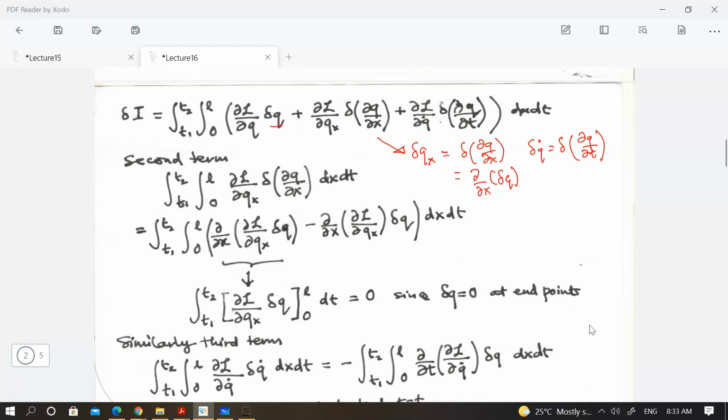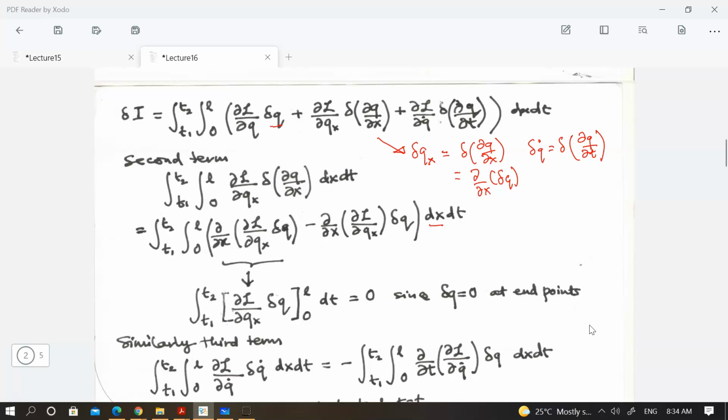When you integrate this with respect to x, this is now a derivative of x. So we'll just be evaluating this quantity in the bracket at the endpoints. So the endpoints will be 0 and L.